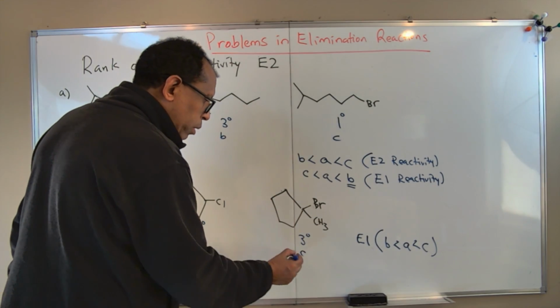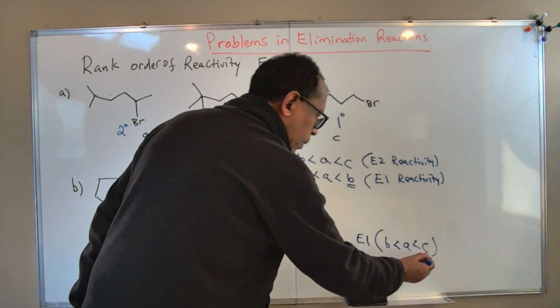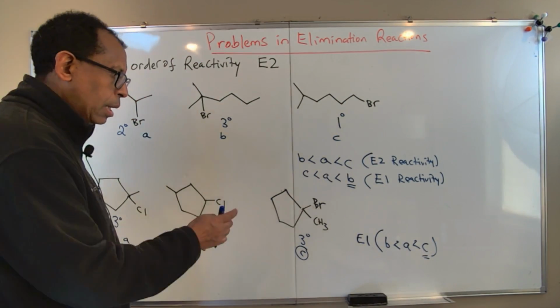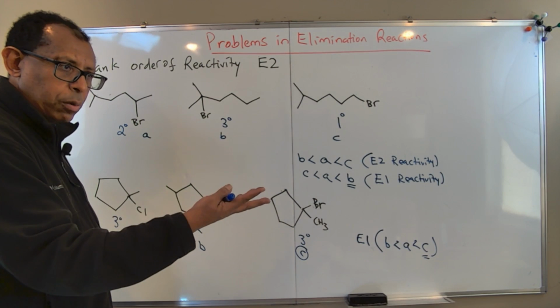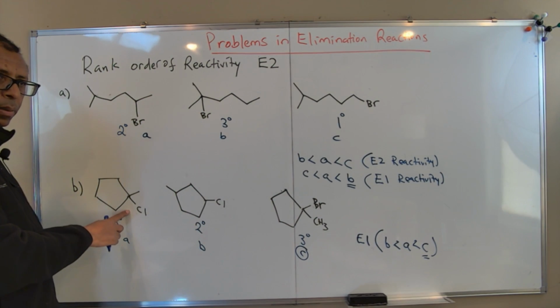So the most reactive is C in E1 mechanism, because bromine is a better leaving group than chlorine.